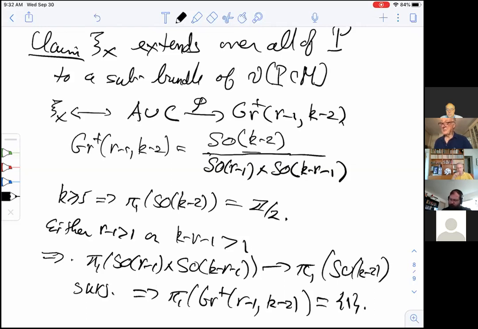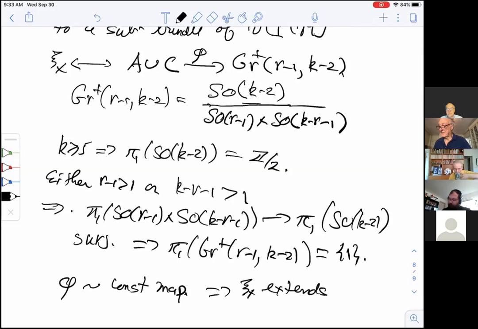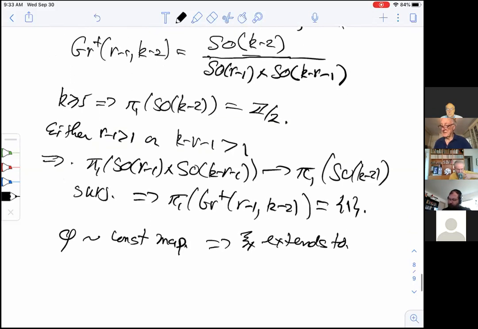Hence this map phi is homotopic to the constant map, and that's all you need to be able to extend over this disk. Hence, C extends to a subbundle C tilde X K minus 1 inside the normal bundle of P in M.